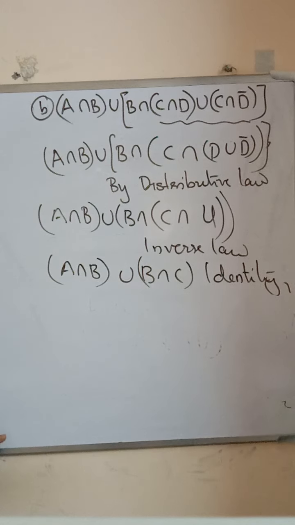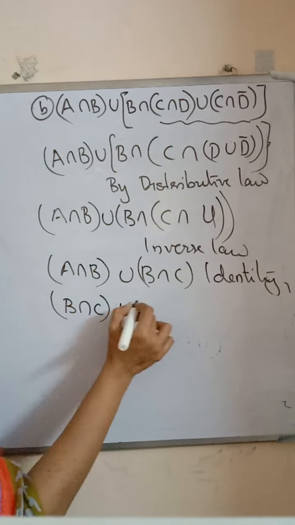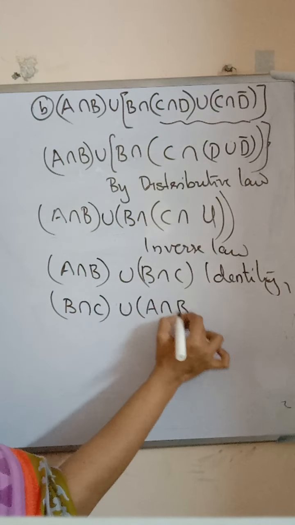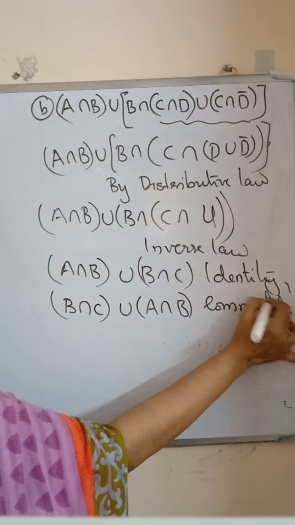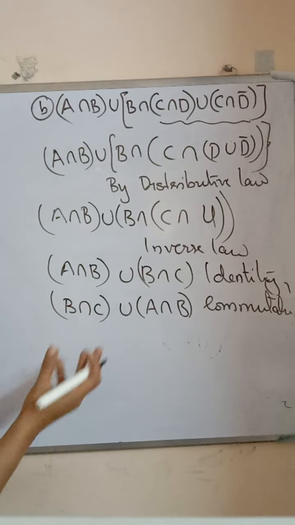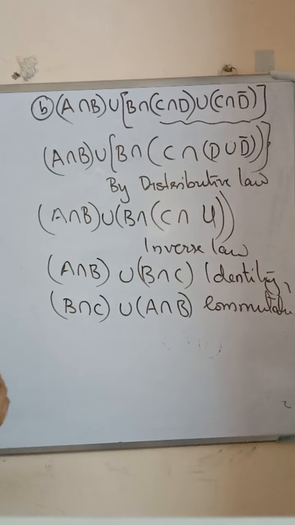Then by the commutative law, this is equal to B intersection C union A intersection B. Then using the distributive law, here also again we use the commutative law.